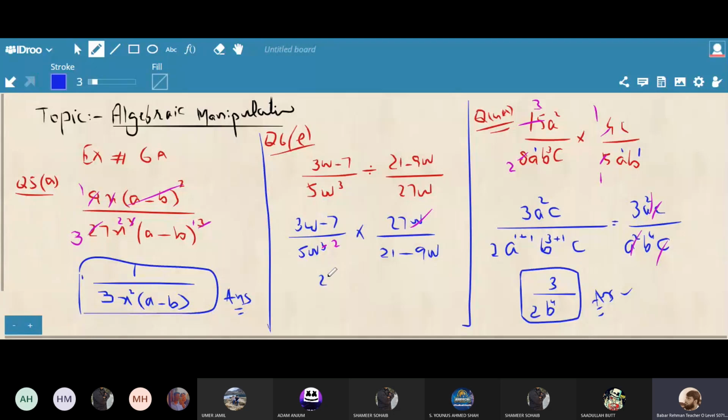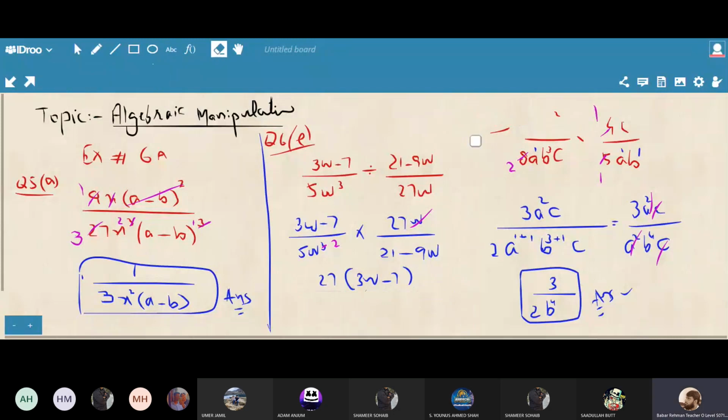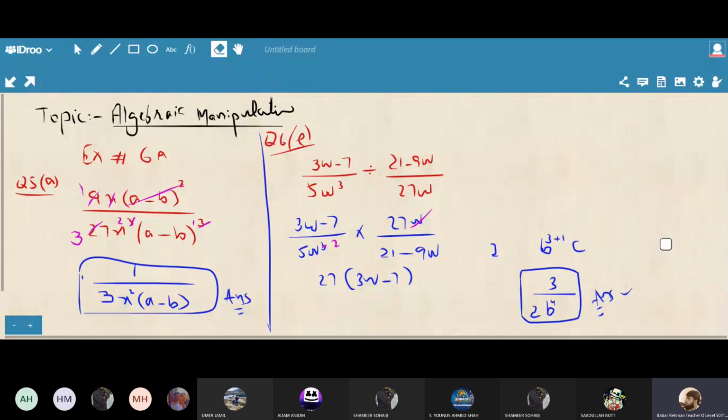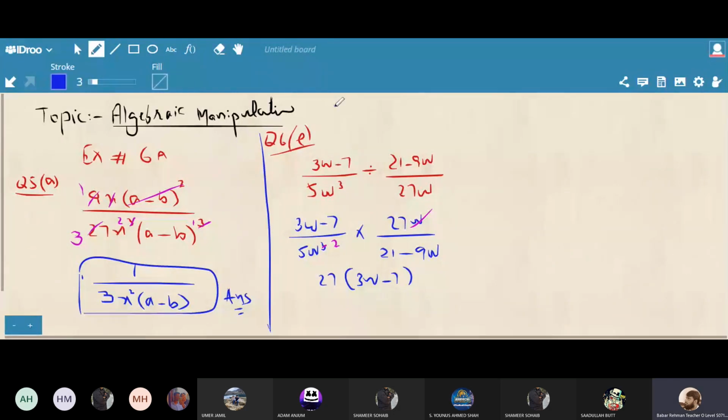If I multiply this 27 bracket 3W, don't multiply, don't expand the bracket, because we are simplifying. So do not expand the brackets. After that, brackets will be simplified. Remember, we are doing simplification over here. This is our topic, and the main objective is that we are simplifying.